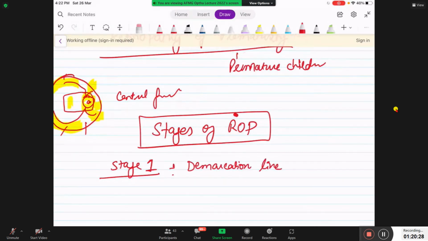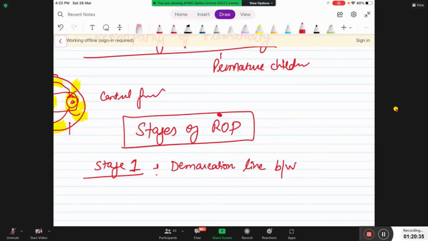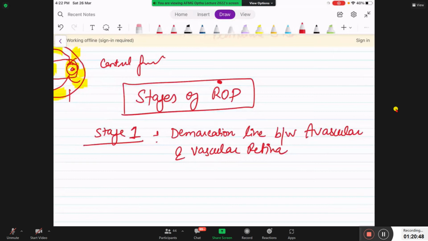You will see a demarcation line between the avascular and vascular retina. In stage 2, this line is converted into a ridge.